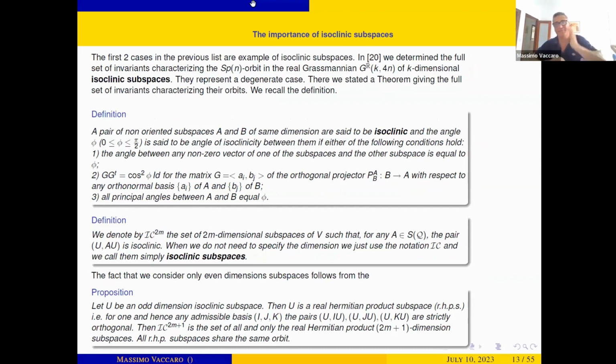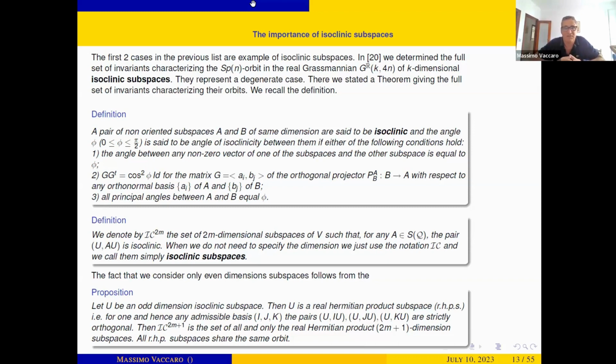Definition of isoclinic subspaces. A pair of non-oriented subspaces A and B of the same dimension are said to be isoclinic, and the angle phi in [0, pi/2] is said to be the angle of isoclinicity between them, if either of the following conditions holds.